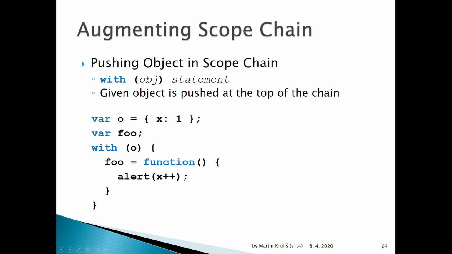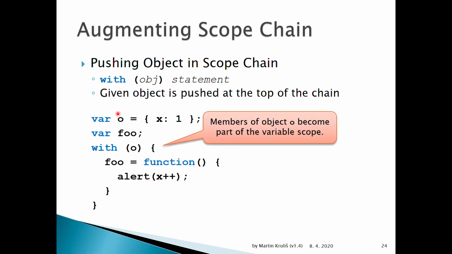So basically, if we have any object like this one, o here, and we push it like this to the scope chain, then this code will have access to variable x as if it was a normal local variable, so I can even hide it in some scope chain of a newly created function.